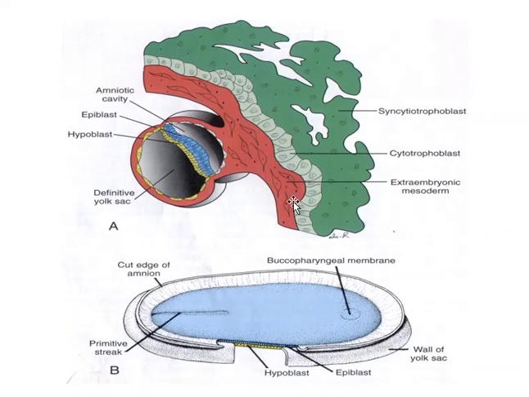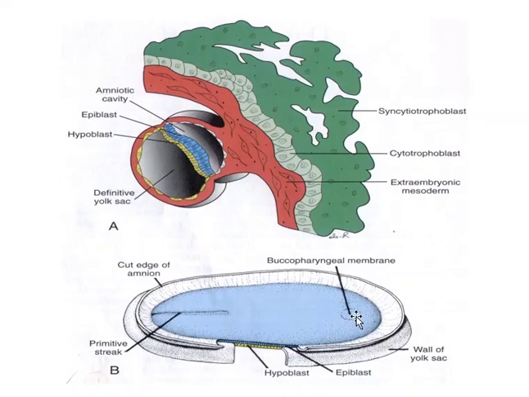This is extraembryonic mesoderm, cytotrophoblast, and syncytiotrophoblast. And this section from this area shows the cut edge of the amnion and the cut edge of the wall of the yolk sac, and here we can see in blue the epiblast and in yellow the hypoblast.